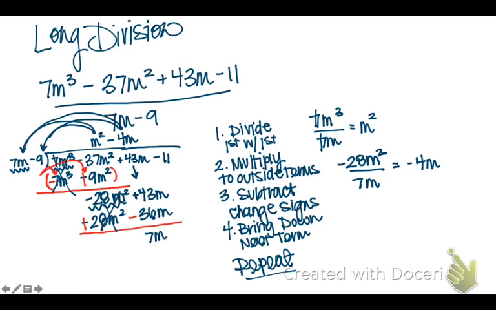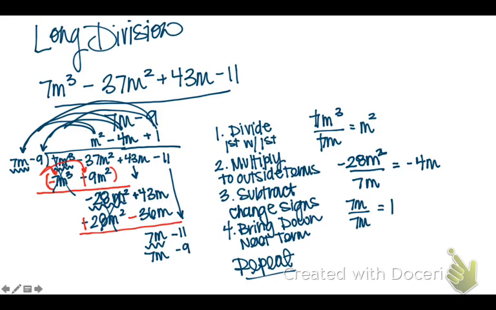And I'm going to bring down that next term. And then I repeat again. You repeat until you have nothing left to bring down. So then I'm going to do the 7m divided by 7m. And I get 1. That 1 goes up top here. 1 times 7m is 7m. 1 times 9 is negative 9.